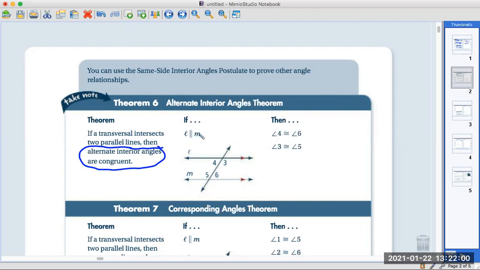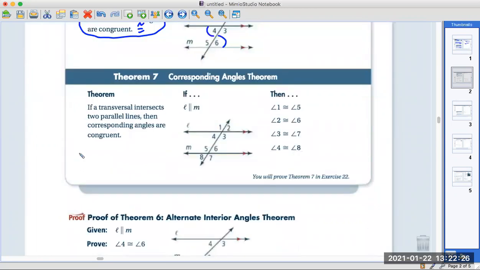So if L and M are parallel, then angle 4 and 6, these are called alternate interior angles, are congruent, and 3 and 5 as well. Alternate, on the opposite side of the transversal, inside between the two lines. They're congruent. Remember, there is only one pair where their sum is 180, and that's the previous page.